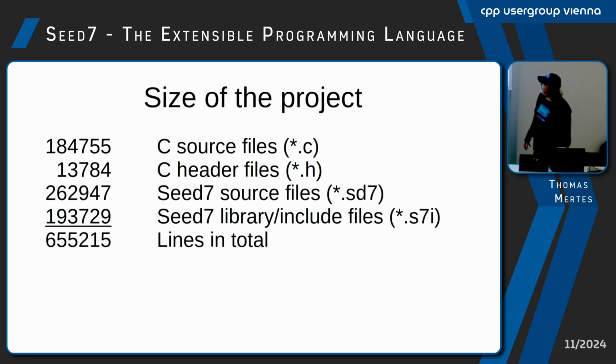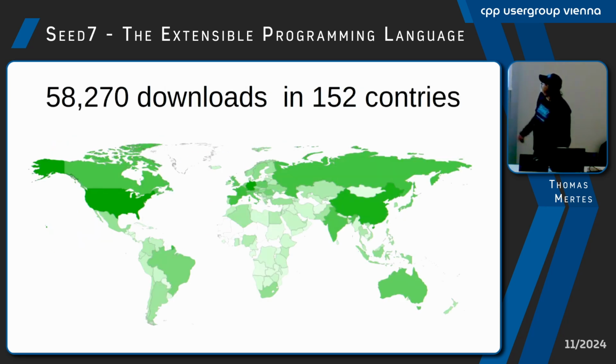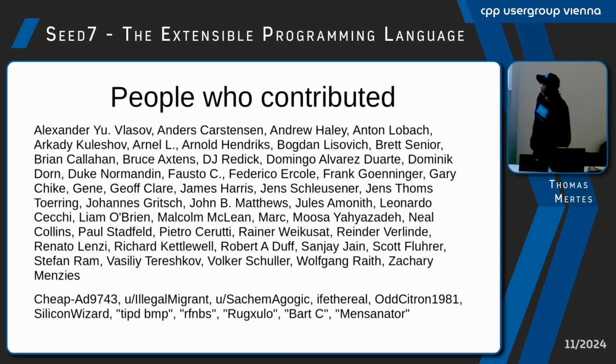If you download Seed7, you get 655,000 lines in total. And these are the countries where Seed7 is downloaded, just from SourceForge. Seed7 is on GitHub and SourceForge, and for GitHub I don't have this picture, but for SourceForge you have this nice picture, and you see some countries use it more and some less. And these are the people who have helped me.